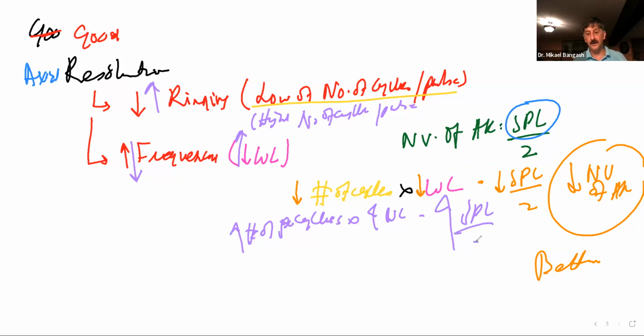And if you divide that by 2, you will still get a greater numerical value of the axial resolution, which will lead to the axial resolution being poorer.